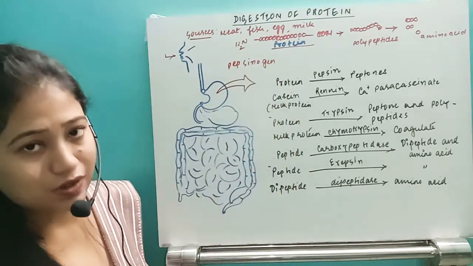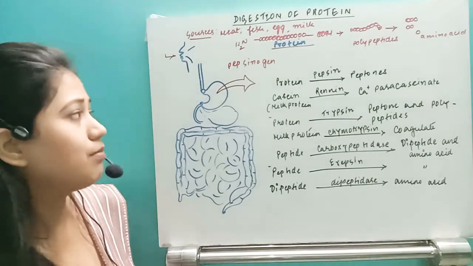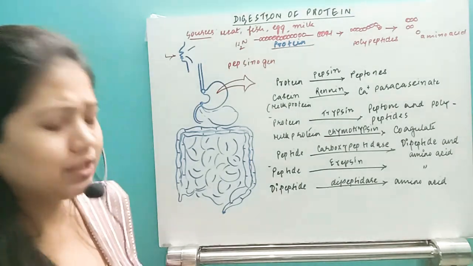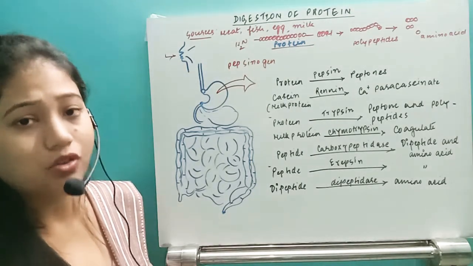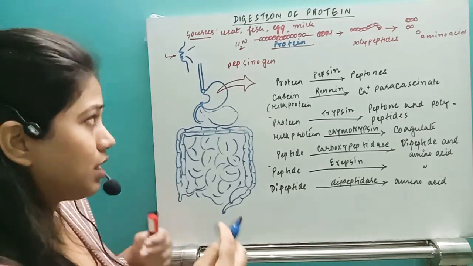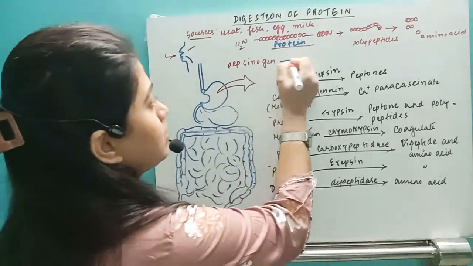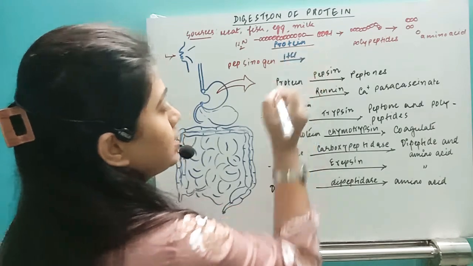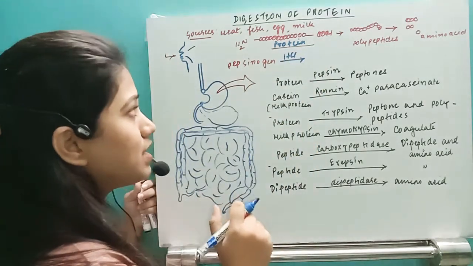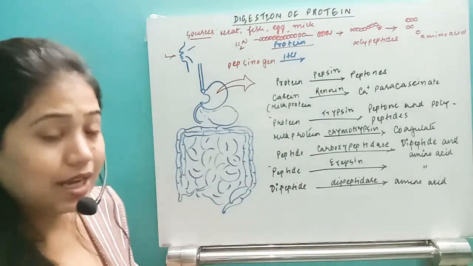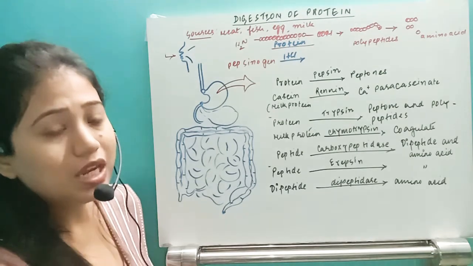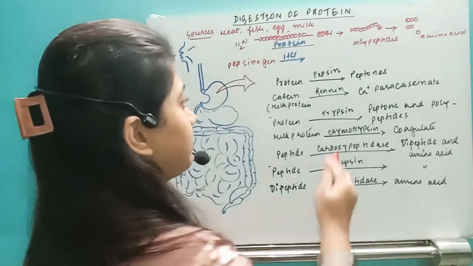This is the inactivated state. At the same time, the other cell I told you about, the oxyntic cell, will release hydrochloric acid, HCl. So this HCl will convert the inactivated pepsinogen into the activated pepsin.